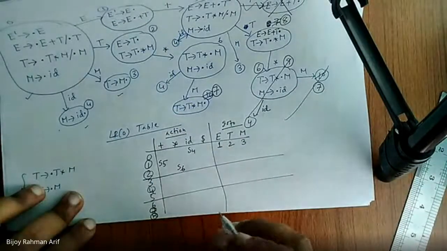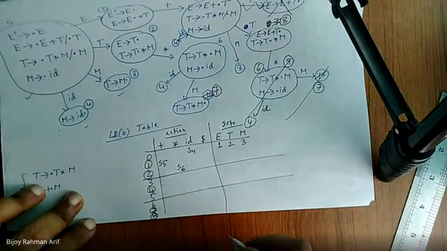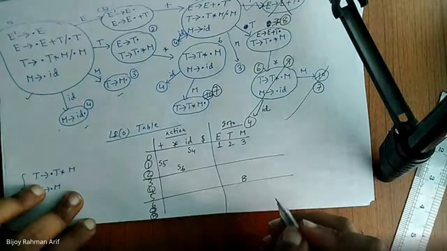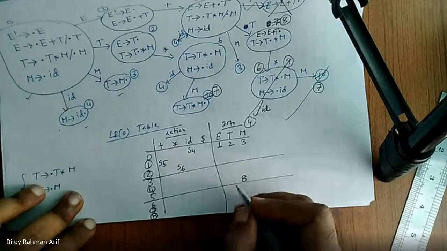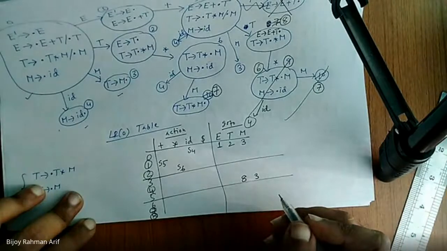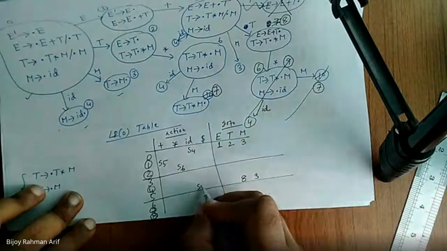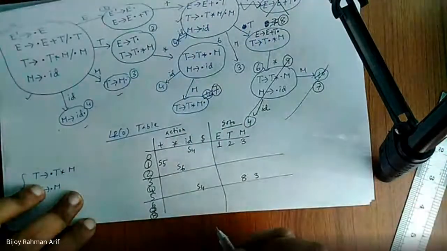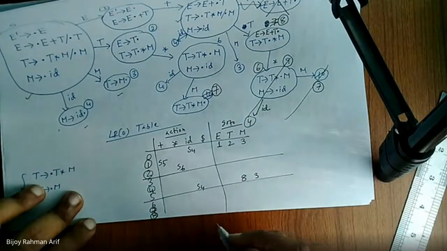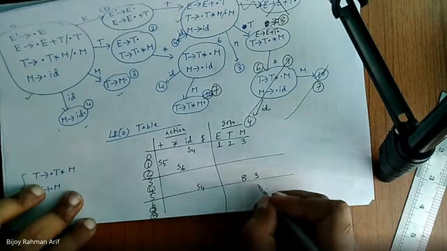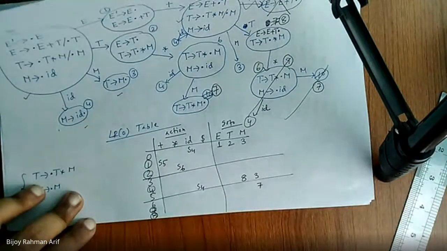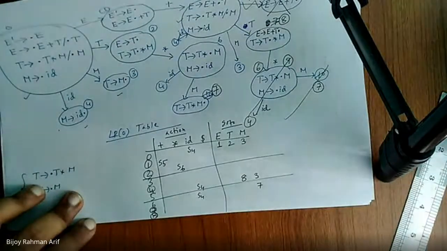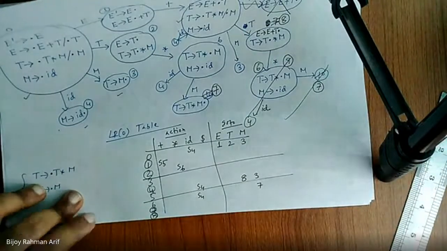Let's go to 5. 5 seeing T going to 8. 5 seeing M going to 3. 5 seeing ID shift 4. 5 is done. Let's go to 6. 6 seeing M going to state number 7. Then 6 seeing ID shift 4. Let's go to 7.